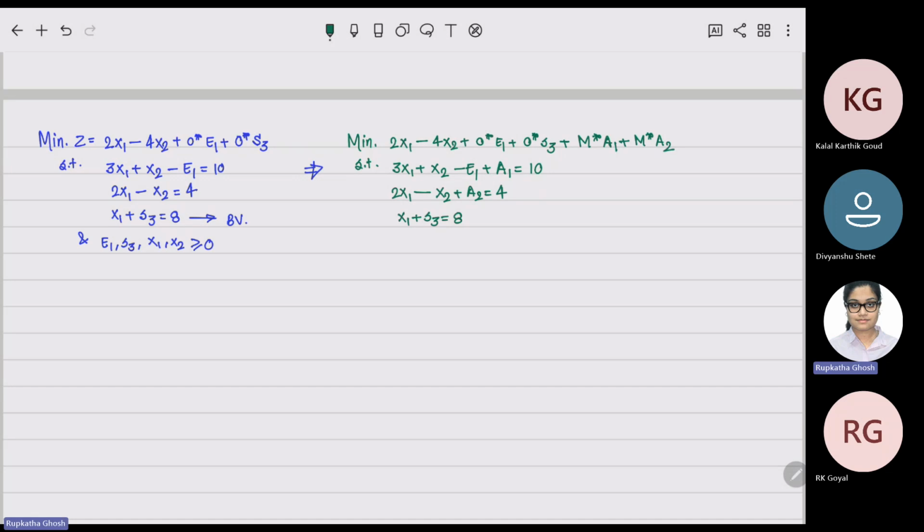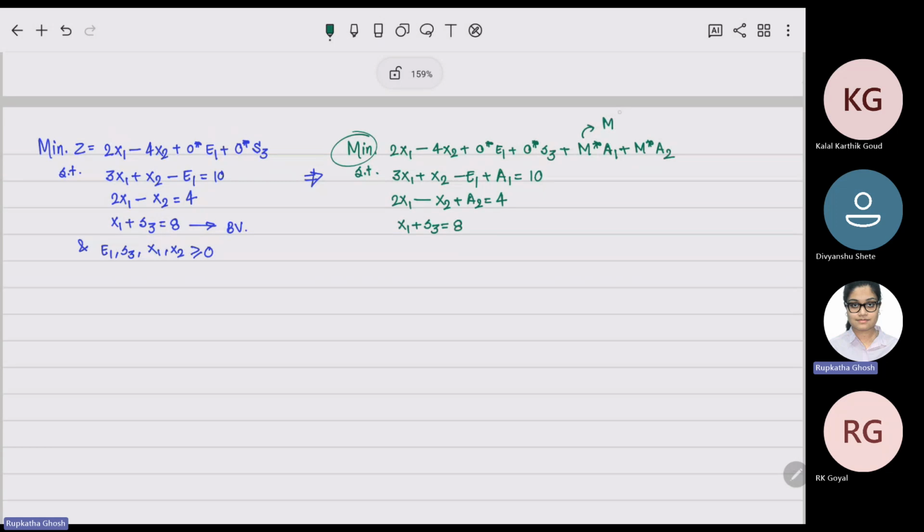Always remember, these are two basic variables that you have artificially introduced in the model, so these have to be eliminated. Let's say M is a very high number, because this is a minimization problem.